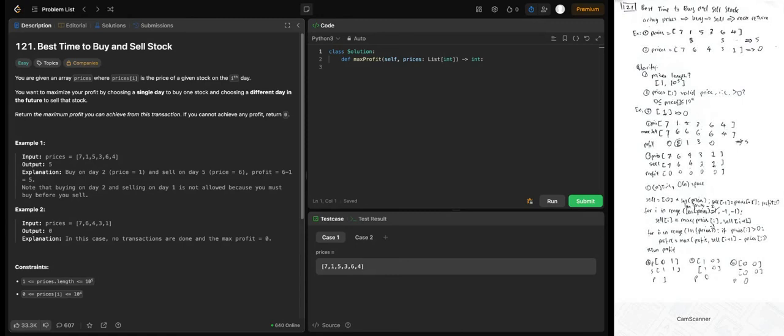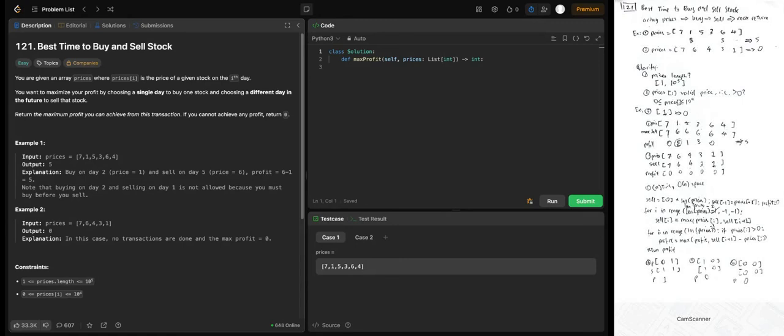So for i in range(length of prices - 1, -1, -1). Then, actually I don't need to, one second, let me think about it.